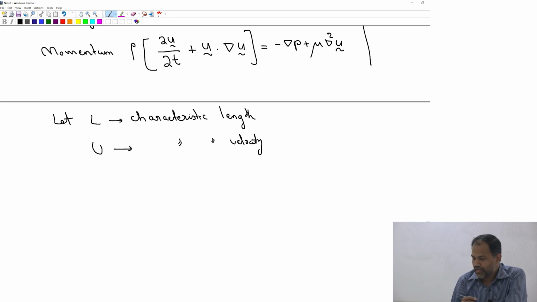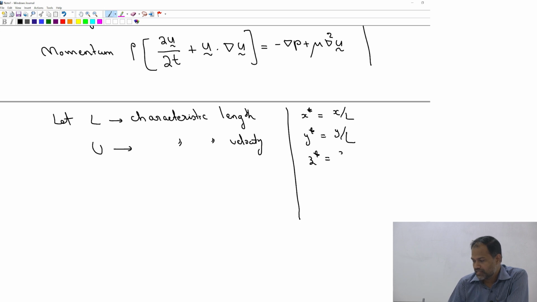So I can non-dimensionalize all my lengths with this capital L. If I have a coordinate x, I'll define x star equal to x divided by L, y star is y divided by L, and z star is z divided by L.